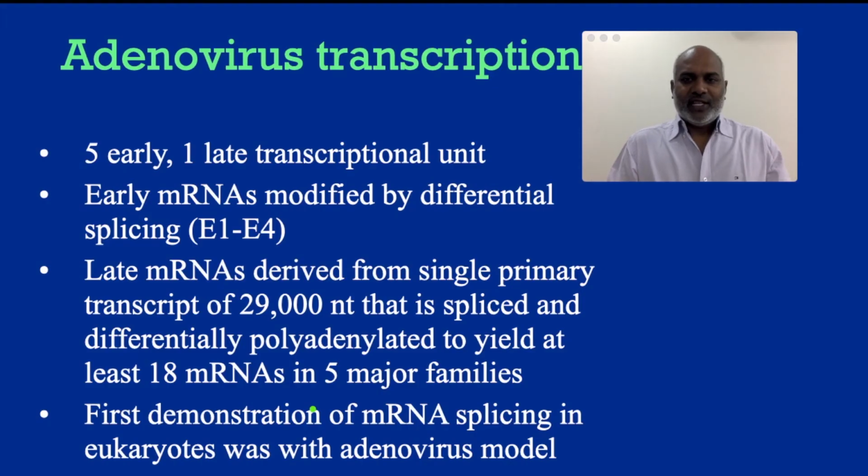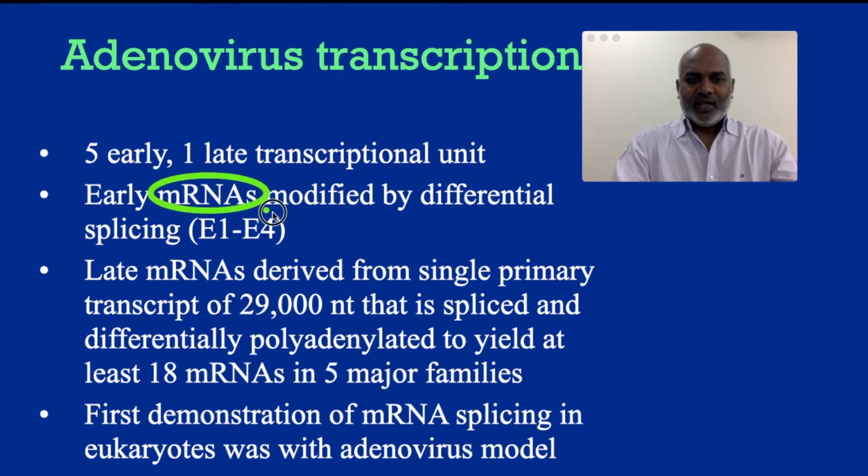In adenovirus transcription, it expresses 5 early and 1 late mRNA molecules. The early mRNA molecules are modified by the differential splicing process.